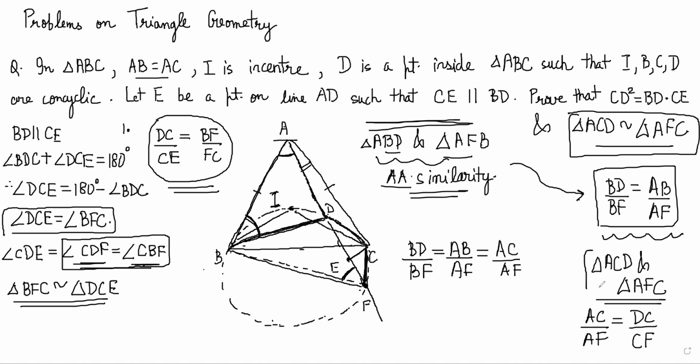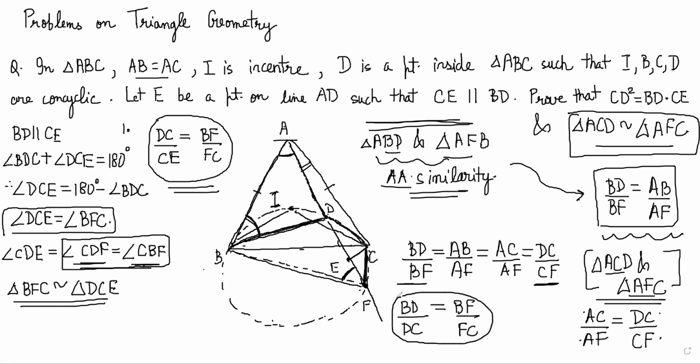I will leave the proof of similarity to you. You can figure it out. AC by AF is equal to DC by CF by doing this similarity. And therefore, we can write this as DC by CF. So ultimately, what we are getting, taking the first and the fourth, we get BD by DC is equal to BF by FC.